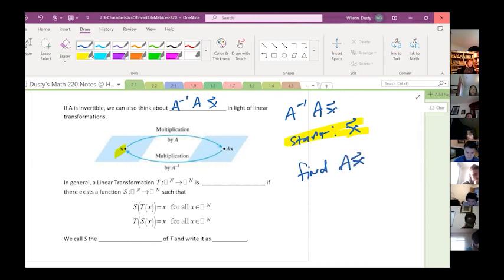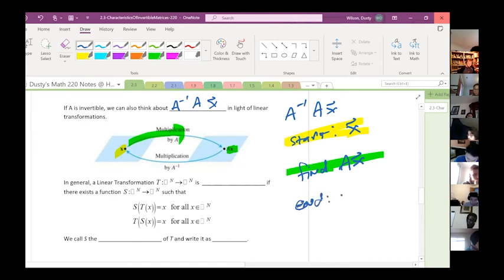And so that would be your AX right there. And then after that, your end would be to find A inverse times AX.